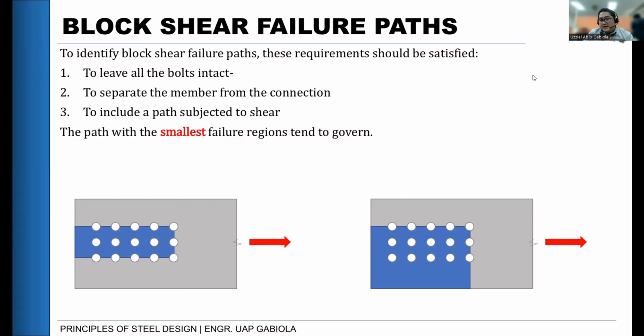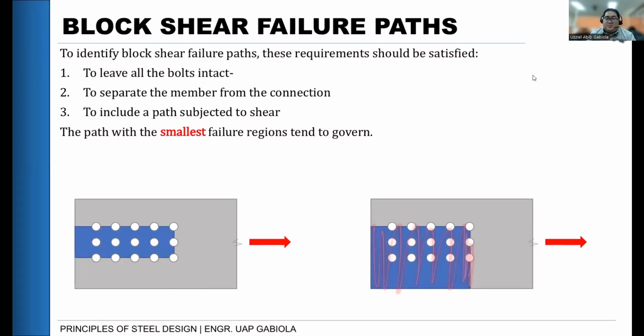So, dito sa diagram natin, we have a plate na may grid type connection. So, dito, ito daw yung dalawang possible critical path natin. Okay? My question is, looking at these two diagrams, what do you think yung magbibigay ng mas smaller na resistance or capacity basing dun sa equation natin? Yung left side na ang matatapyas is itong portion na to, or itong portion na to, yung matatapyas o yung maiiwan.